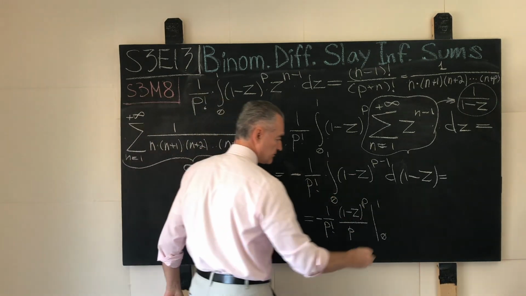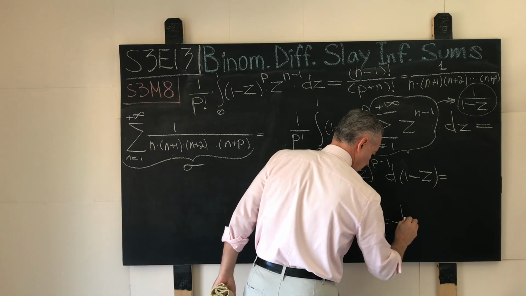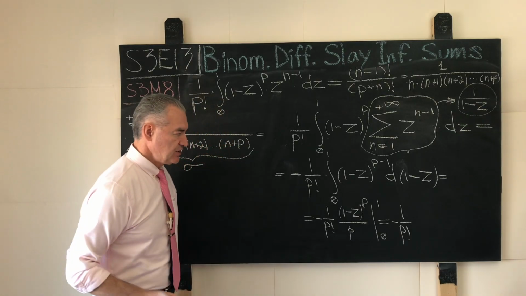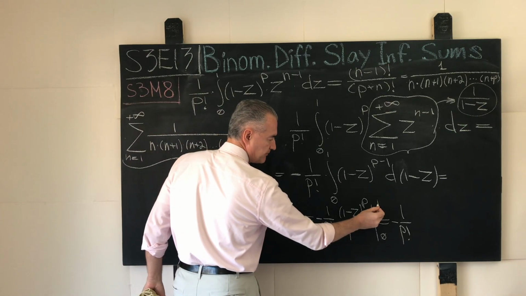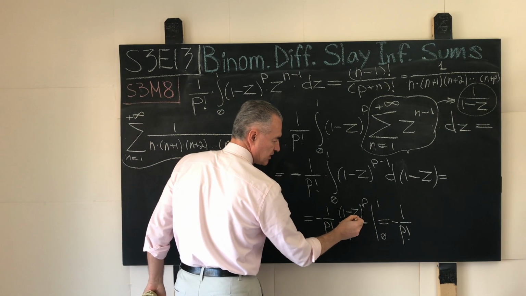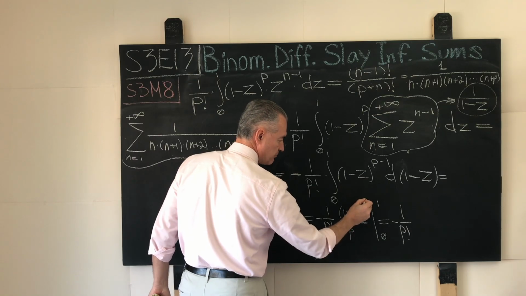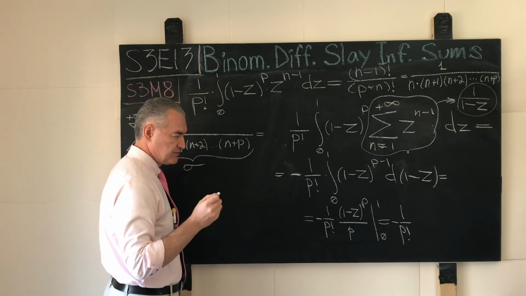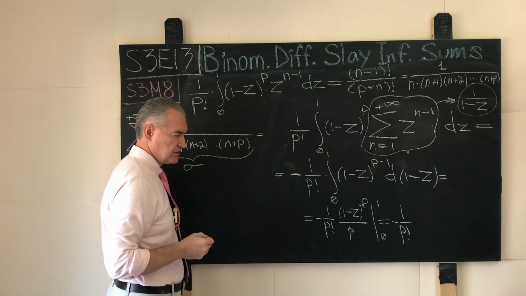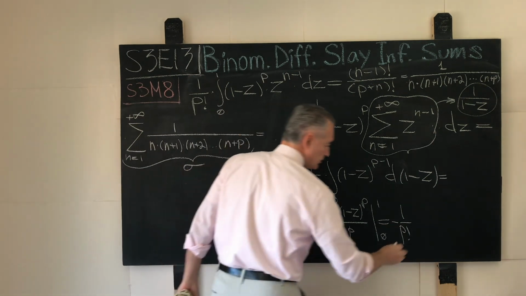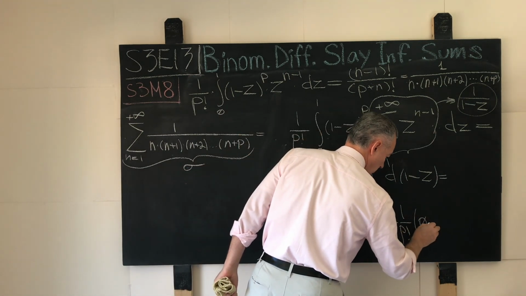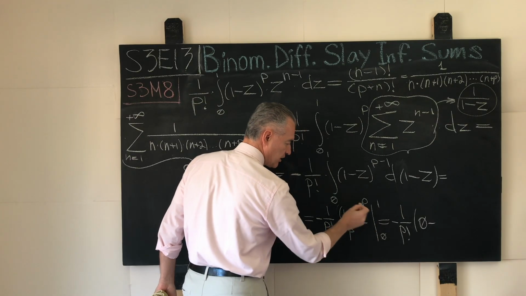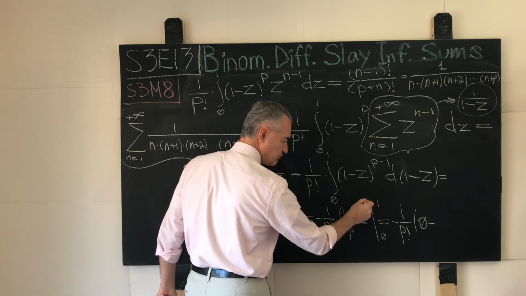So what do we have here? We have minus 1 over p factorial. When z is equal to 1, then 1 minus z becomes 0, 0 raised to the power of p, where p is a finite, let's say, real number, so the whole thing vanishes. So we'll have 0 minus, when z is equal to 0, this term becomes 1, 1 raised to the power of p is 1.